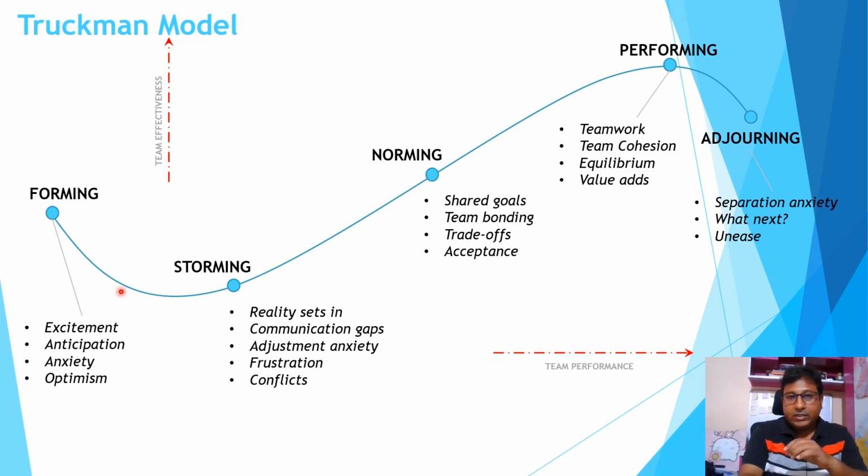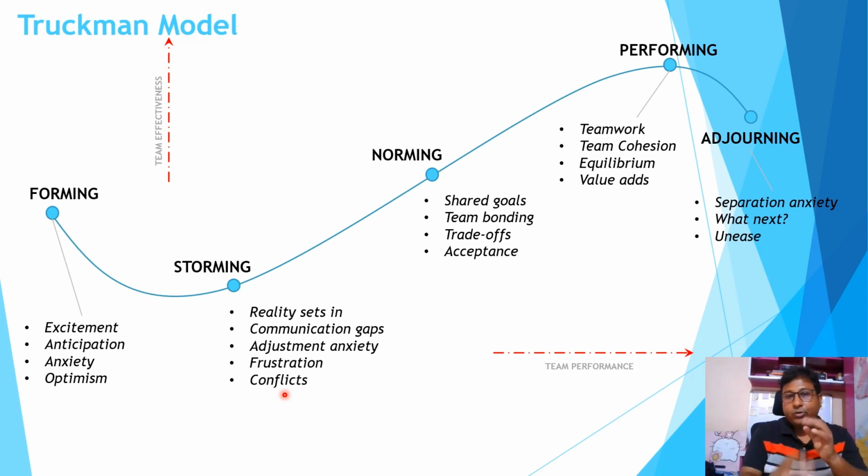Now, the storming stage. This is the stage where the rubber meets the road, right? And people start seeing the reality. There will be a communication gap because all the team members are coming from different backgrounds. So a few adjustments will be required, and since there will be communication gaps, there will be a lot of frustrations, and since the entire team is new, conflicts are bound to happen.